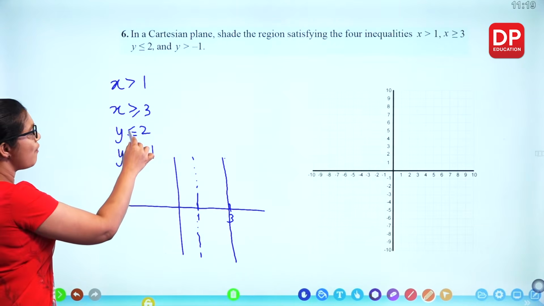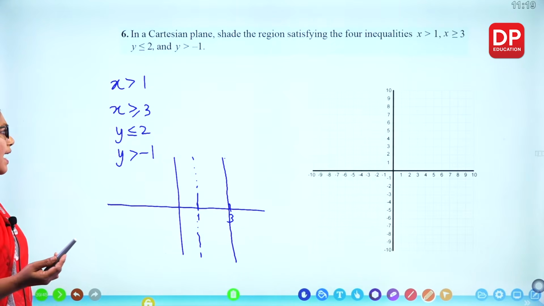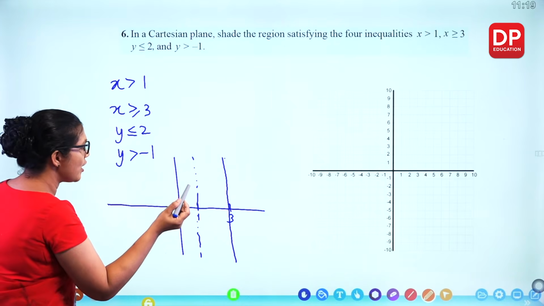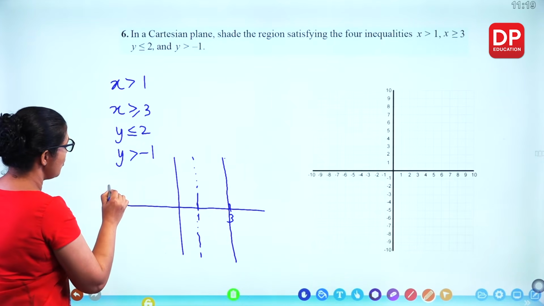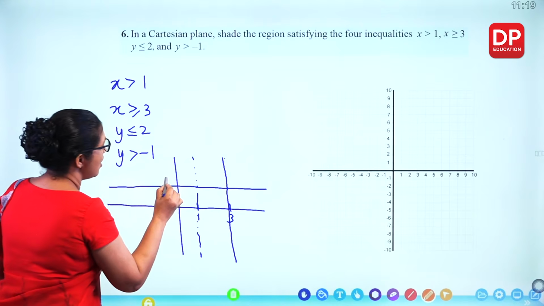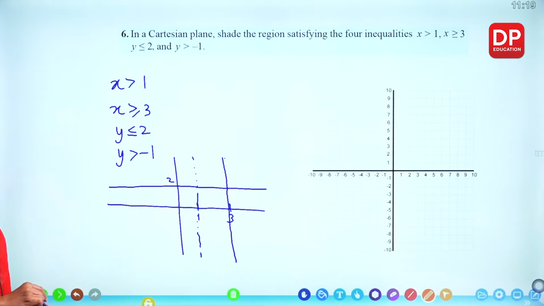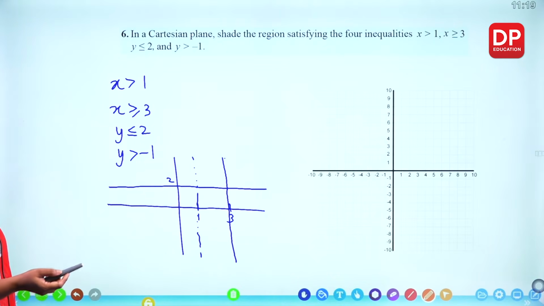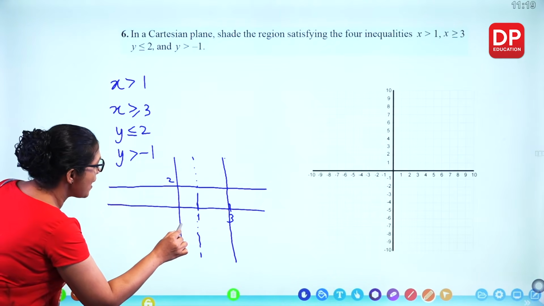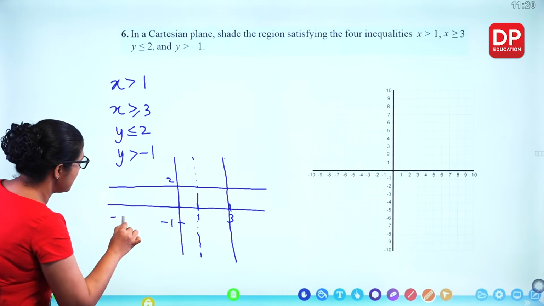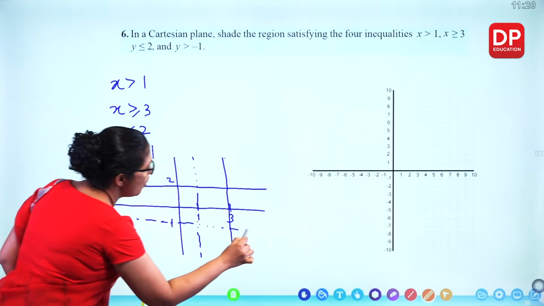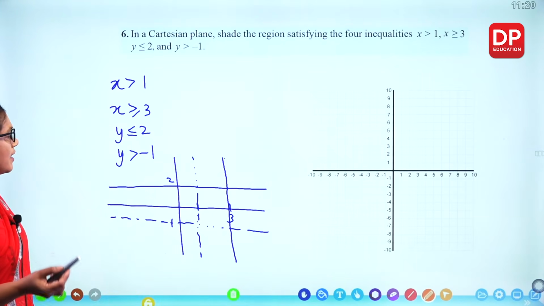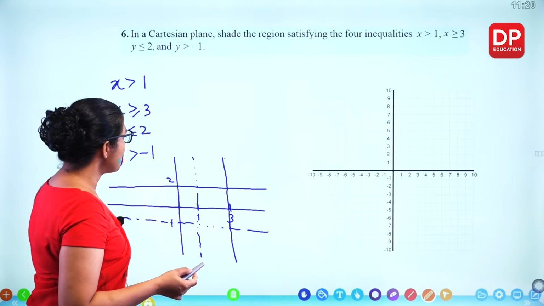Now these two are y values, so that means horizontal lines. y is less than or equal to 2, so you draw a continuous line passing through y equals 2. What about y equals minus 1? This one you have to draw as a dashed line. So we'll try to draw all of these lines first.